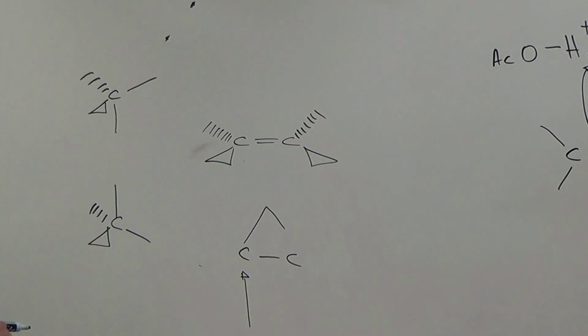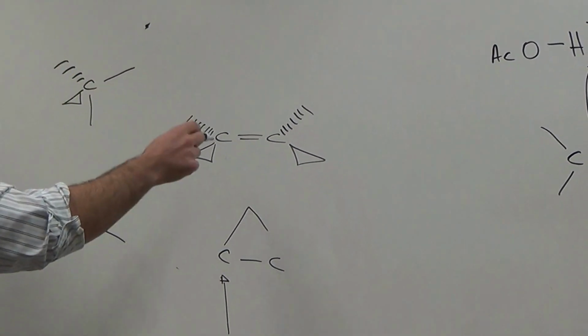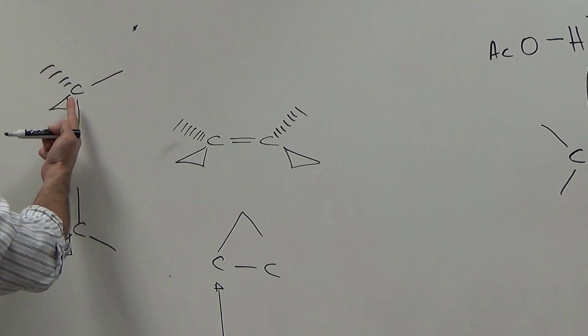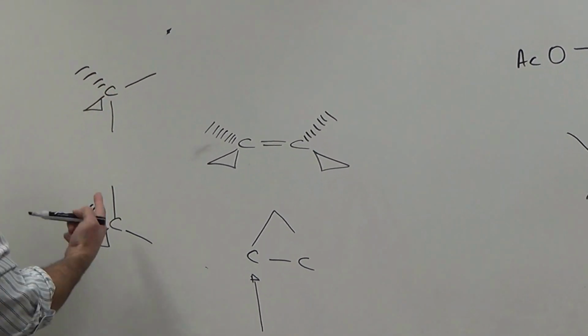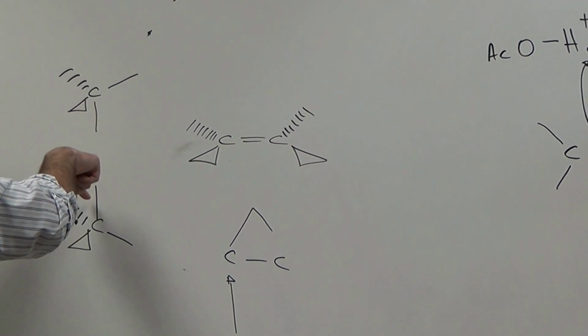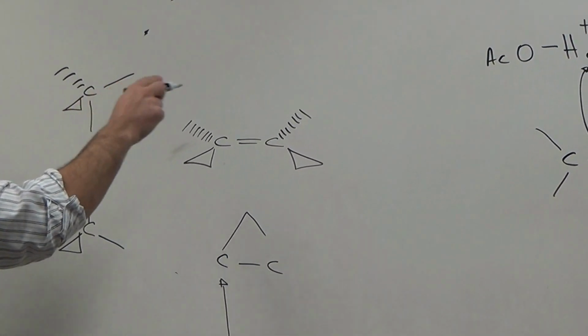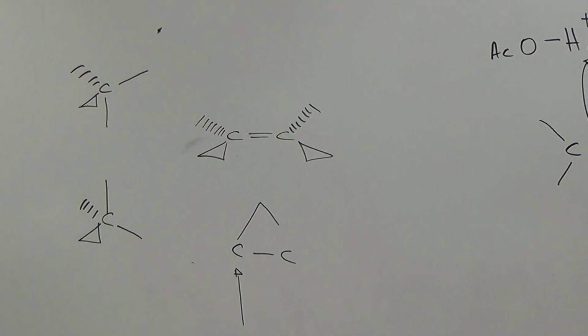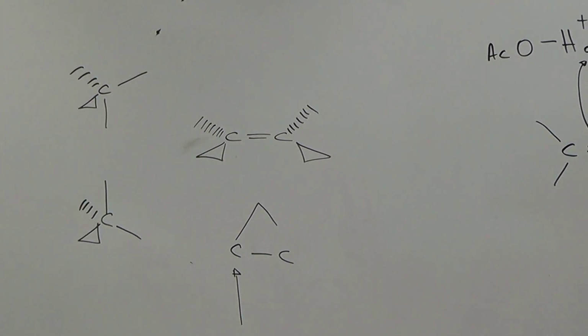So, if the bridge is formed on one side and it gets attacked from the other side, it will form one enantiomer. This attack was from the bottom. This attack was from the top. So, during this process, you are going to form enantiomers and they will be a racemic mixture.